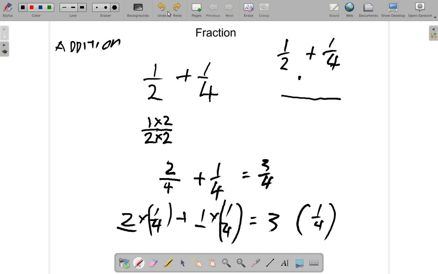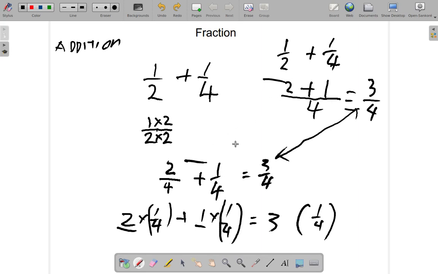LCM of 2 and 4 is 4. Then you say 2 into 4 goes 2 times. 2 ones are 2. Plus 4 into 4 goes 1 time. 1 one is 1. So up top I have 2 plus 1 is 3 over 4. That gives you the same 3 quarters here. But this is a shortcut method. But this method came from this originally. Alright?